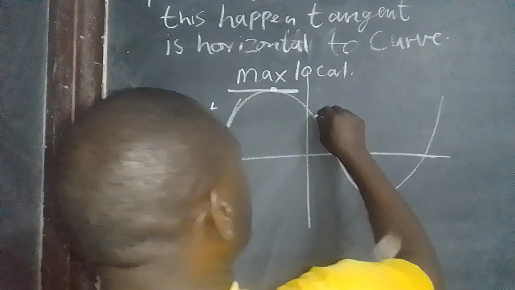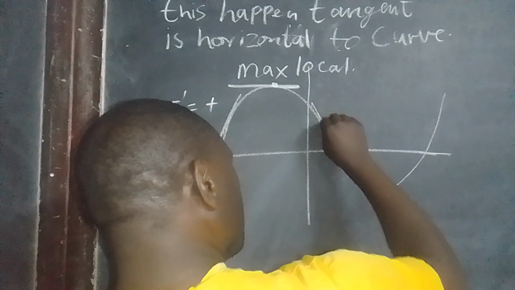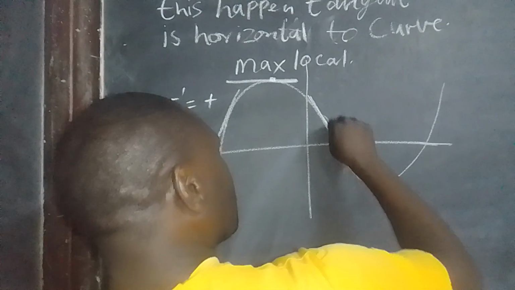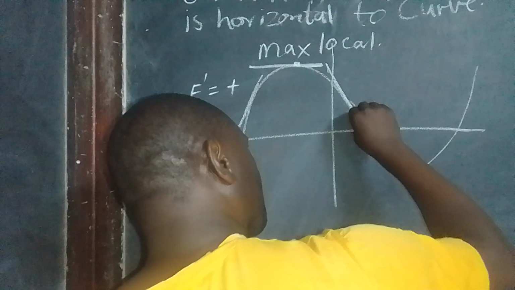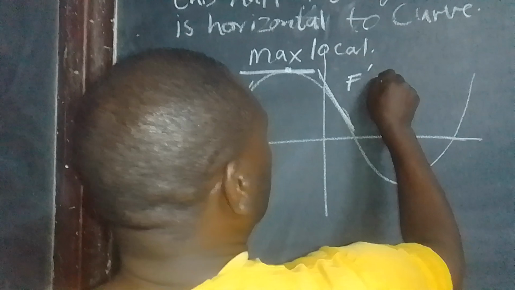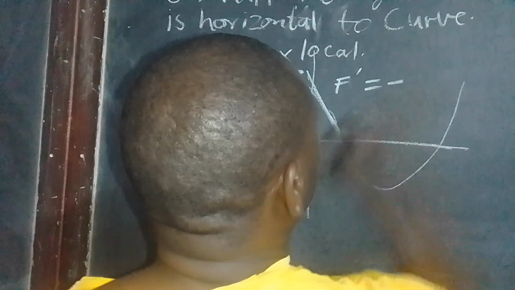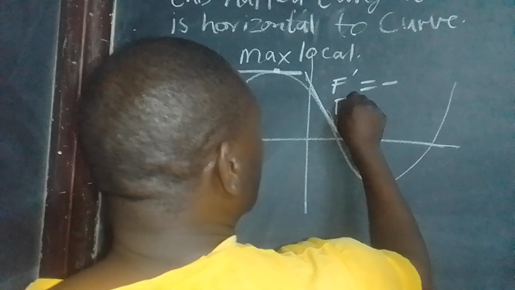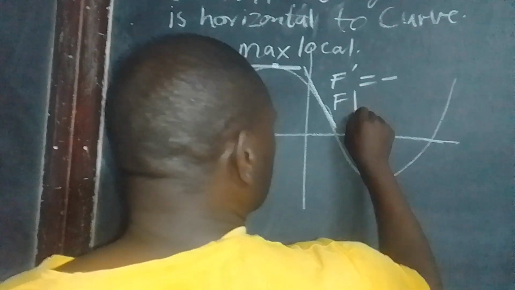At this region, our first derivative is negative and our function decreases.